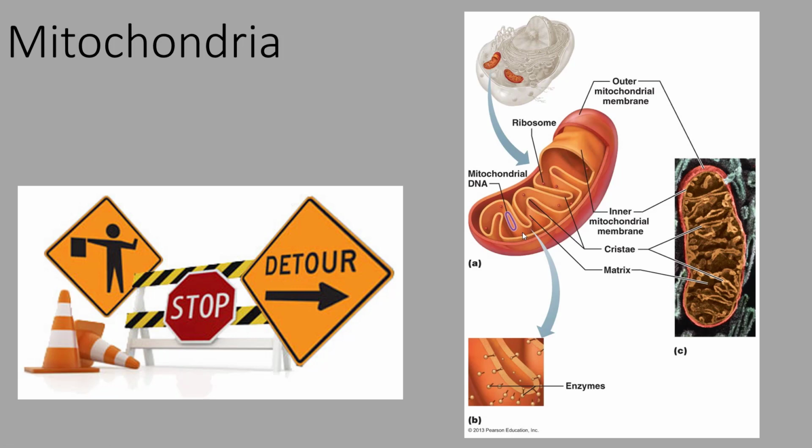Weirdly, the outer mitochondrial membrane is very, very similar to our cell's phospholipid bilayer. The inner mitochondrial membrane is almost identical to certain types of bacteria. And everything suggests that at one point, long, long ago, there was a cell that tried to phagocytize a bacteria.